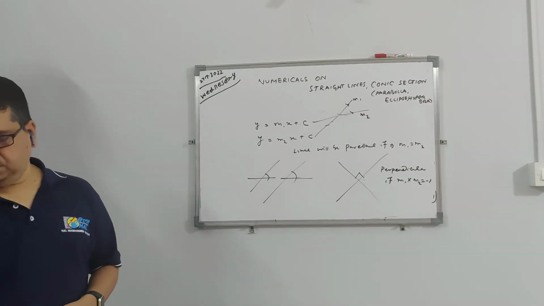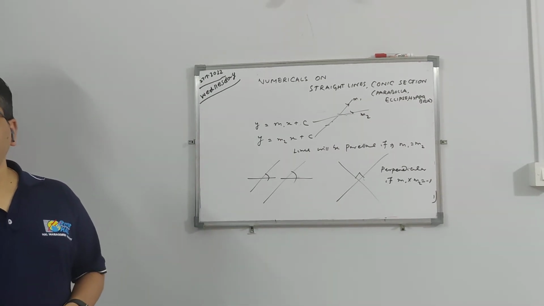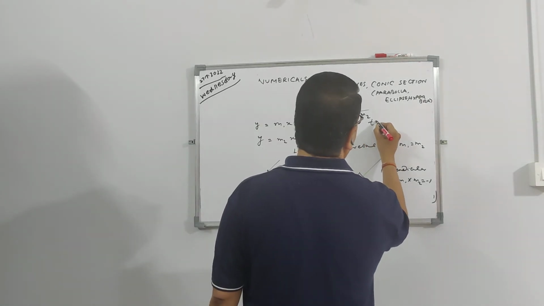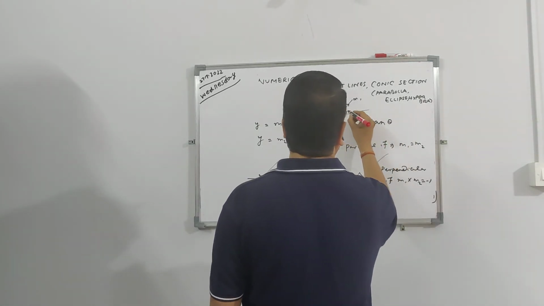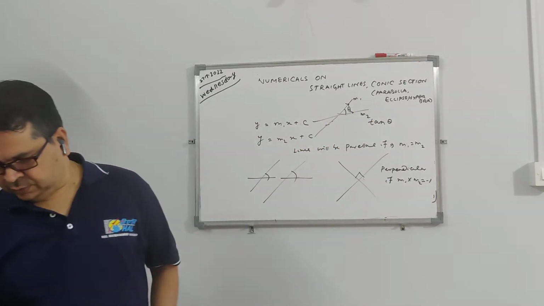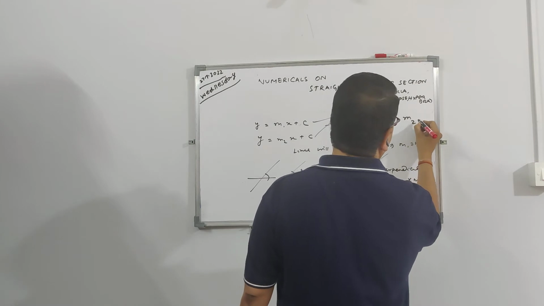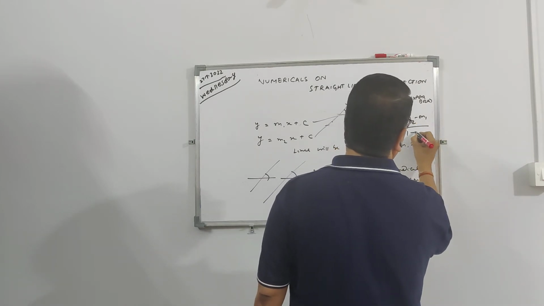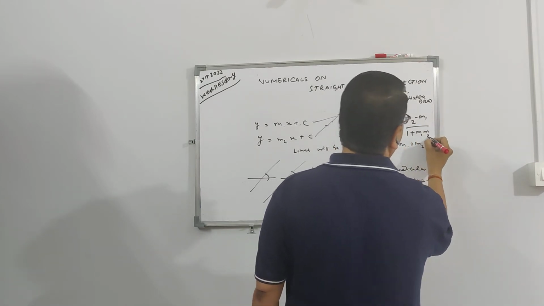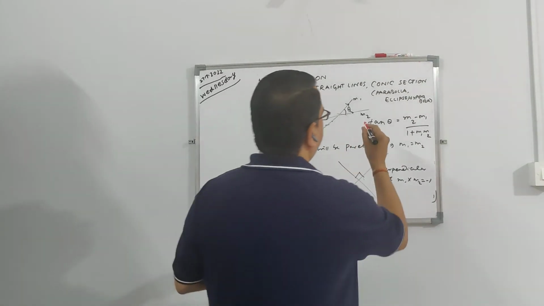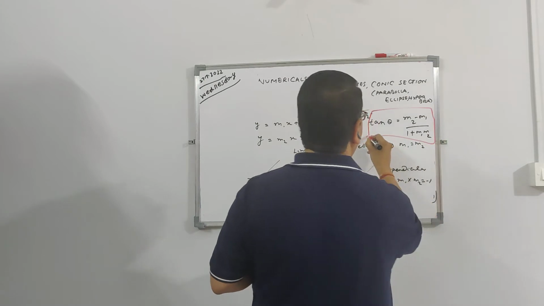Knowing the slope of two lines, we can find out the angle between the two lines. Let us say the angle between the two lines is theta. Then tan theta is equal to m2 minus m1 divided by 1 plus m1 m2. So there can be questions like this also, to find out the angle between two lines.